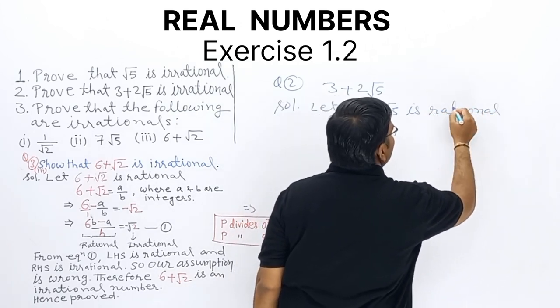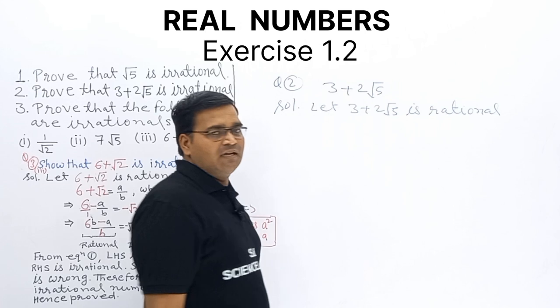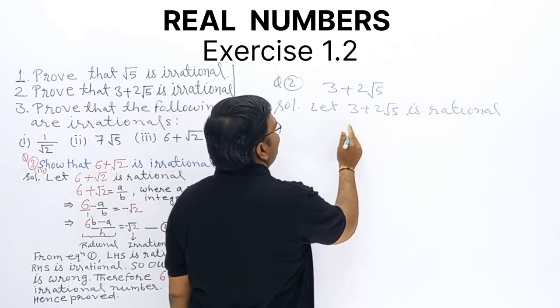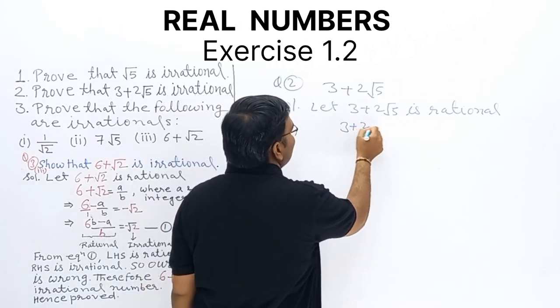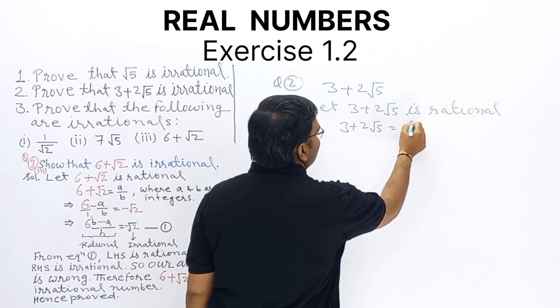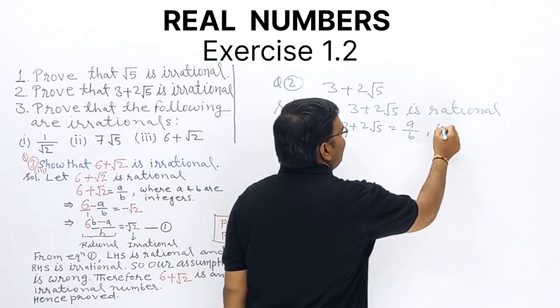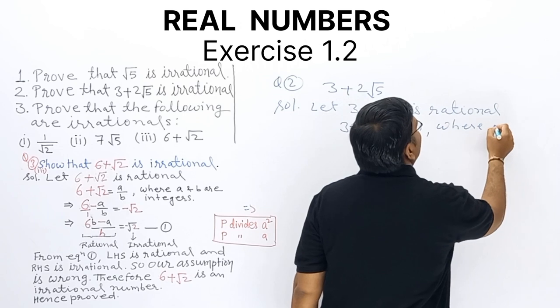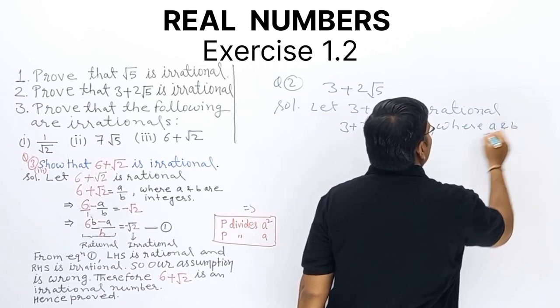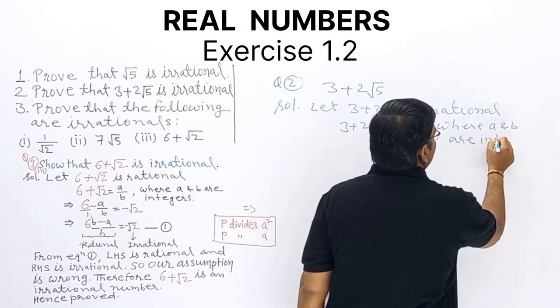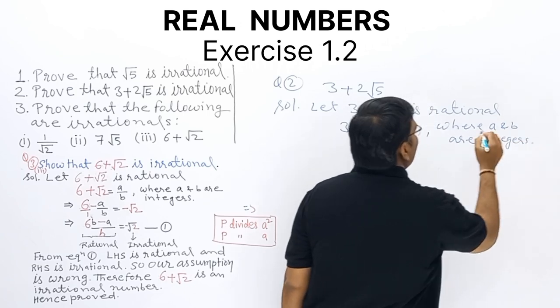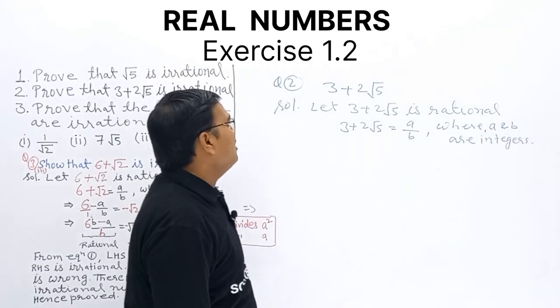We are assuming first this one is a rational number, and a rational number is written in the form of p upon q. So 3 plus 2 root 5 can be written as a upon b, where a and b are integers.